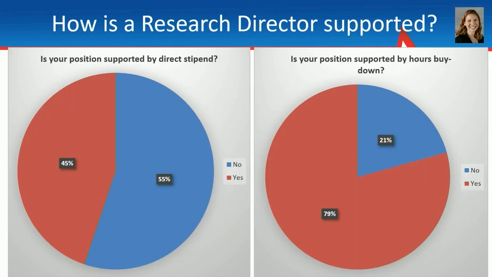We also asked about how a research director is supported, and asked specifically, is your position supported by a direct stipend? 45% said yes. Is your position supported by hours buy down? 79% said yes for that one.